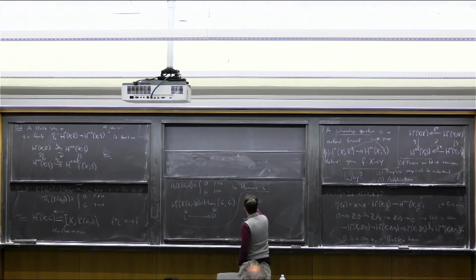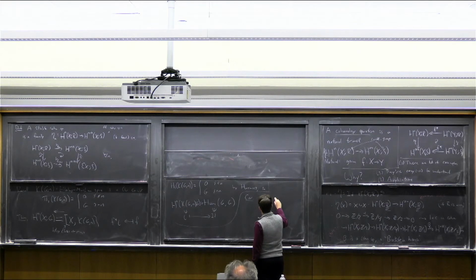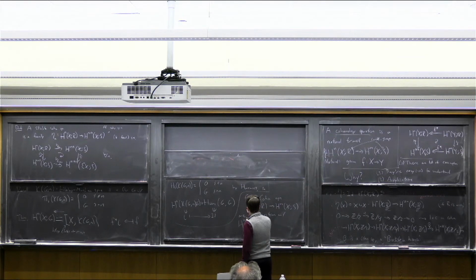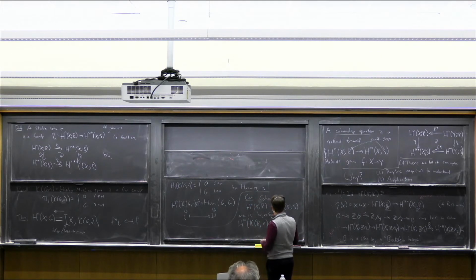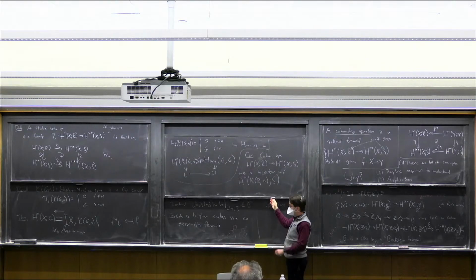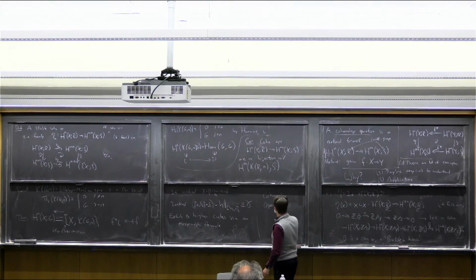Corollary. Cohomology operations from H^n of X with R coefficients to H^m of X with S coefficients are in canonical bijection with the cohomology of K(R,n) with coefficients in S. And the proof is easy, but maybe I'll leave that to you to look up or as an exercise.